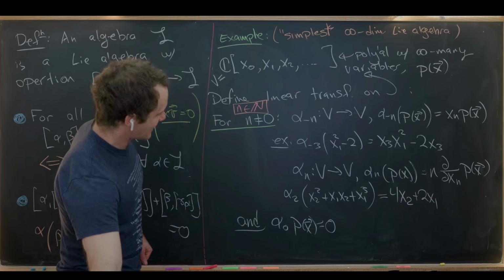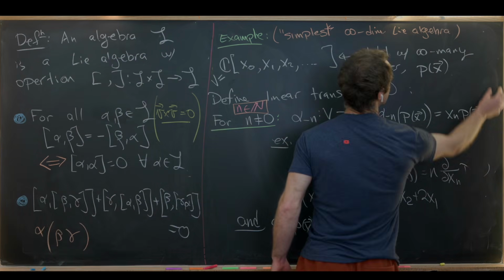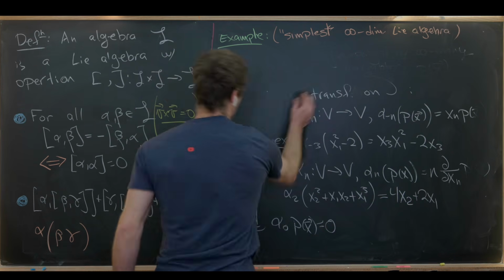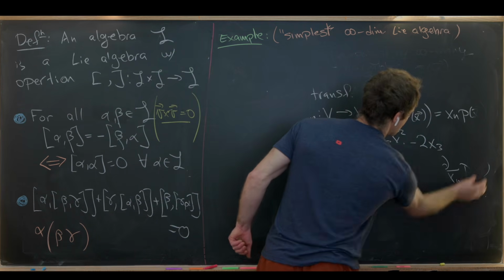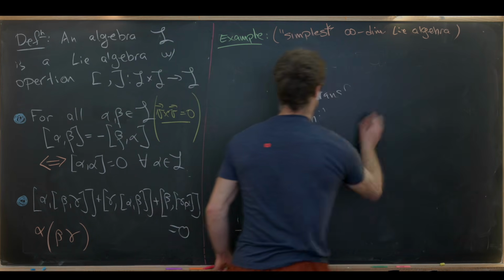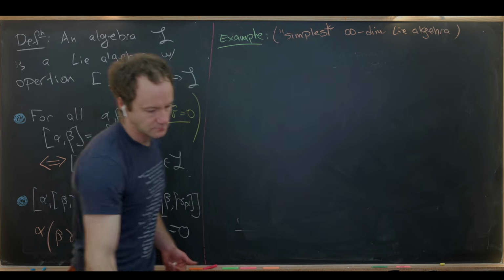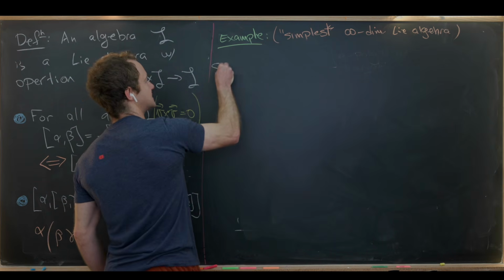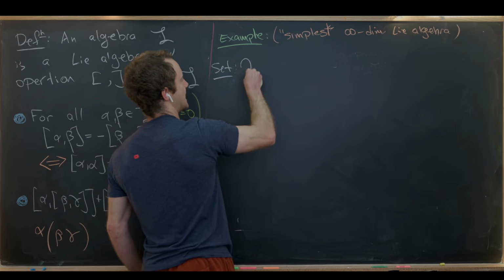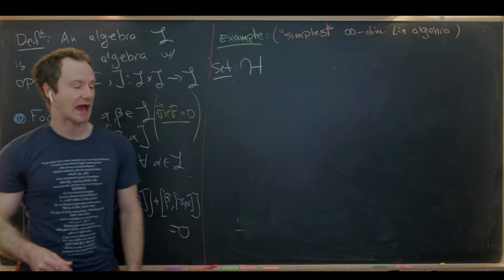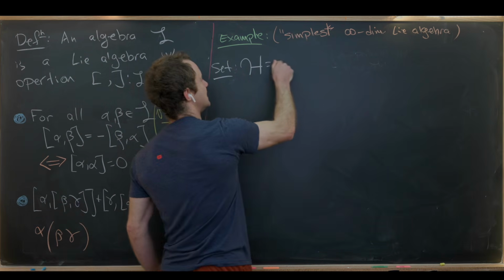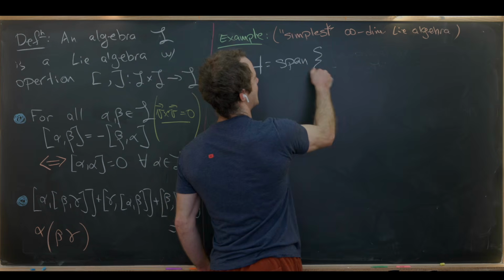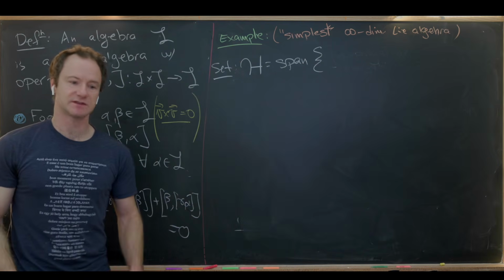Okay, so now that we have this, we'll define the following. Let's set, I'll call it H, this calligraphic H, to be equal to the span of all of these alphas.